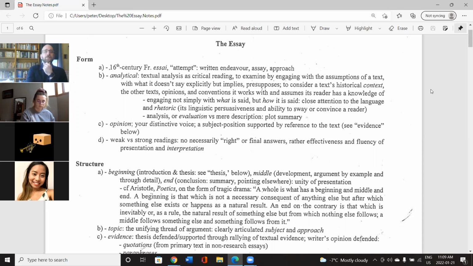When we get to the two works of poetry on Monday that I've asked you to read, I'm going to talk a little bit about what kind of poem an elegy is and what kind of poem a dramatic monologue is. That is historical context that helps us understand what those poems are doing.